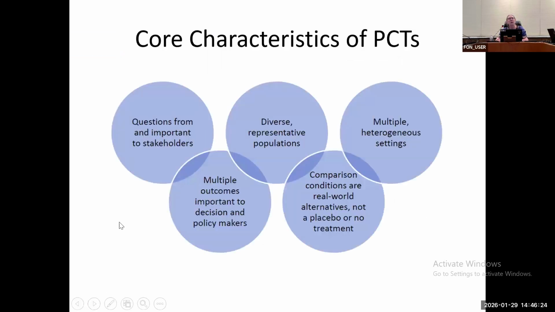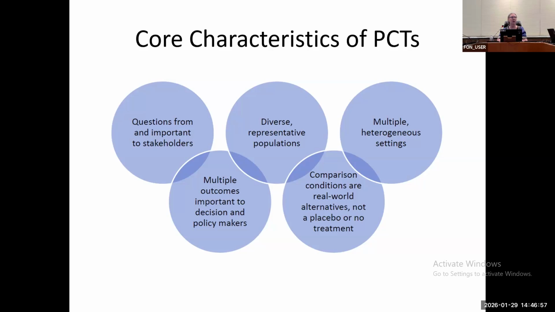So some of the core characteristics of pragmatic clinical trials is that you're interested in questions from the stakeholders. So these are questions that come from the community, from the patient, from the administrators. Usually what you're doing is looking at multiple outcomes important to decision makers and policymakers. What do they care about? Okay, what does the community care about?